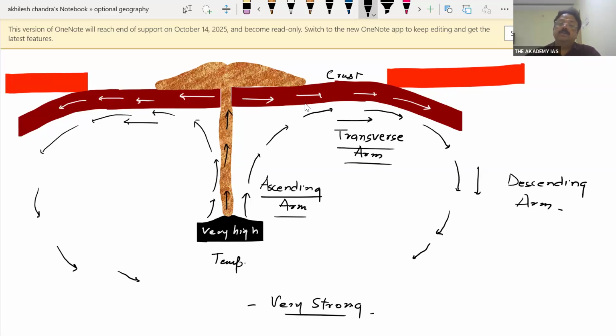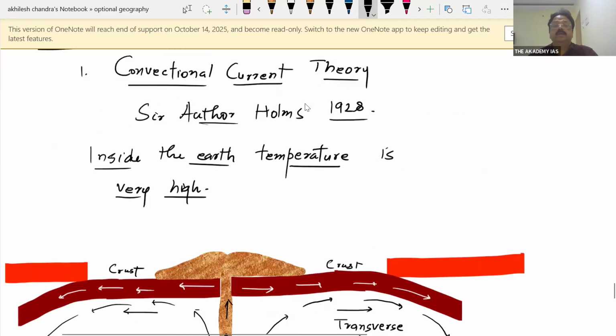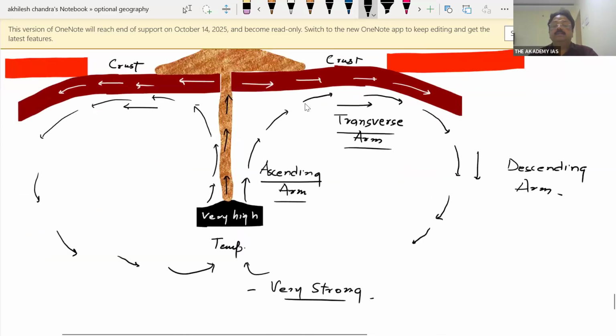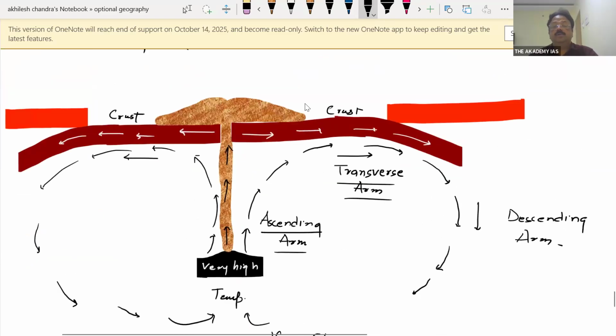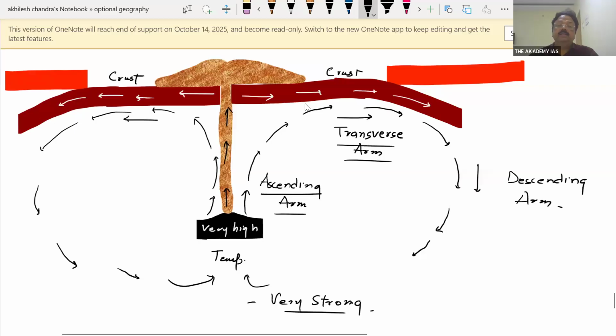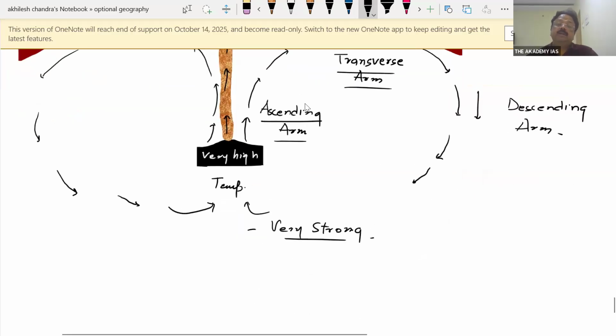At this time, the term plate was not given, that's why it dragged the crust apart. And the descending arm further pushes the magma up. This is the cycle that takes place inside the earth's interior, and this cycle is responsible for crustal movement, taking place in the mantle.